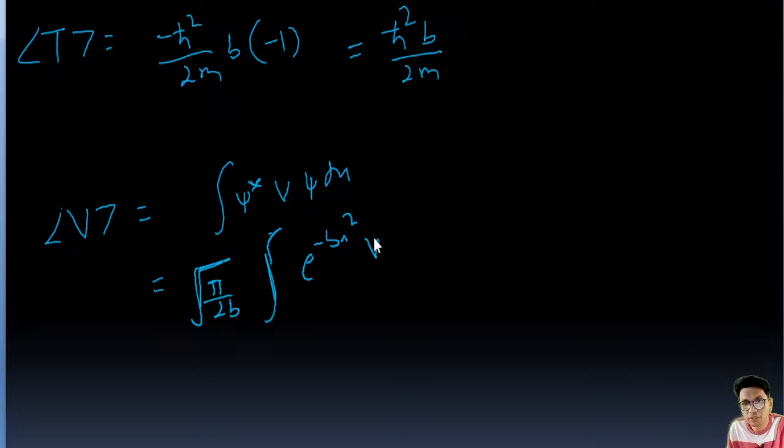What is the value of b given? That is alpha, minus alpha delta x, this is the value of b, and that is in e to the power minus b x square.